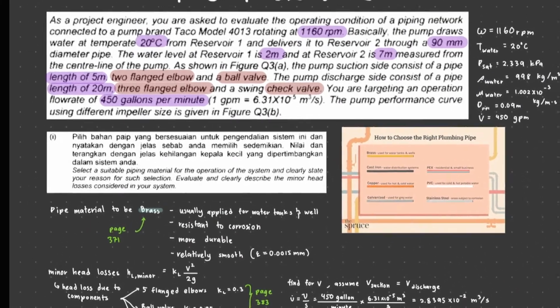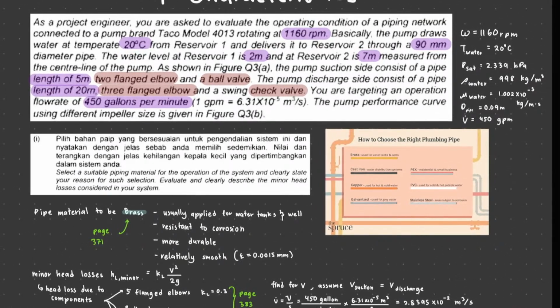So let's read it together. Project engineer, you are asked to evaluate the operating condition of a piping network connected to a pump, Taco model 4013 rotating at 1160 rpm. Basically, the pump draws water at 20 degrees Celsius from reservoir 1 to reservoir 2 through a 90 millimeter diameter pipe. Water level is 2 meters and 7 meters.